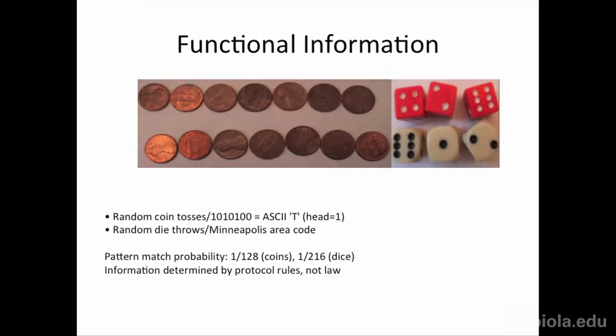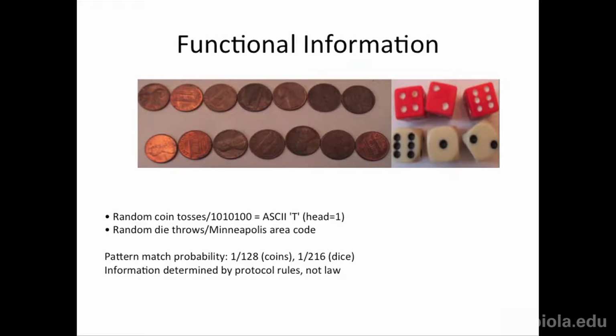So here are some randomly tossed coins. If we translate the coin into digital information, zeros and ones, heads is 1, tails is 0. So this would be 1, 0, 1, 0, 1, 0, 0. Sorry for the resolution there, but that's a tails, so it's a 0.